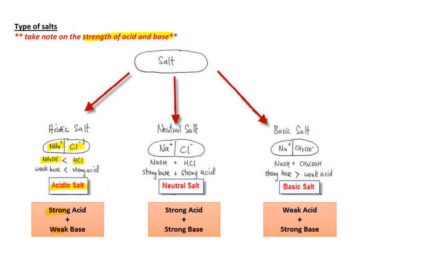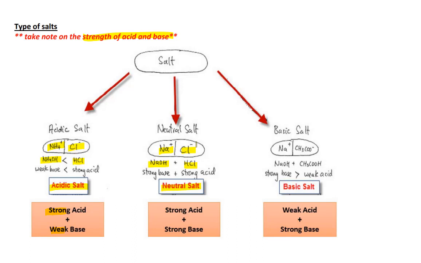So this NH4+ comes from the weak base, combined with the Cl- from the strong acid to give you the acidic salt. Second, you will have the neutral salt, which is produced from the combination of a strong acid and a strong base. A very common example is NaOH, strong base, and HCl, strong acid. Combining the cation from the strong base and the anion from the strong acid gives you this NaCl neutral salt.